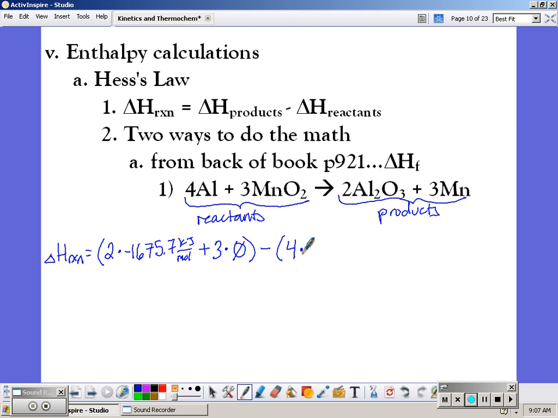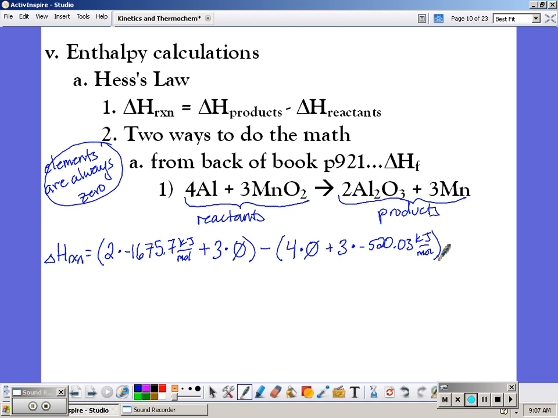Now you might notice that aluminum is not on this list, and that's because elements in their standard state are always 0. So again, elements in their standard states are always 0. So I know that I'm going to say 4 times 0. Then I have a second reactant, so we'll say 3 times the value of MnO2, negative 520.03 kilojoules per mole.